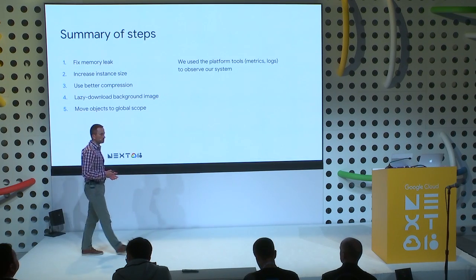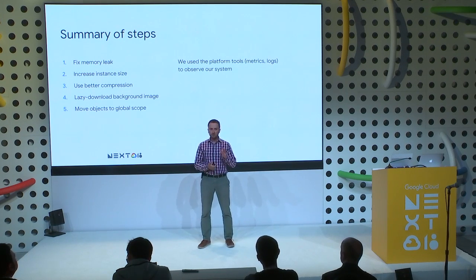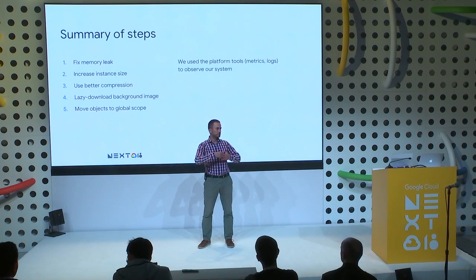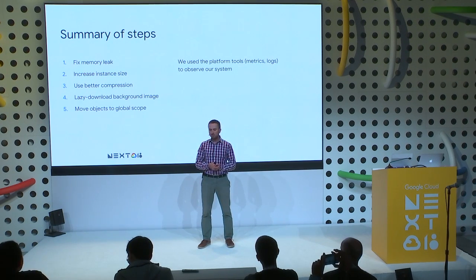More happy users. So to summarize what we did here, firstly we fixed the memory leak in our application. We increased the instance size to give it more CPU. We used better compression so that we don't spend so much CPU time on uploading images to cloud storage. We lazy downloaded the background image because it wasn't used in all invocations.